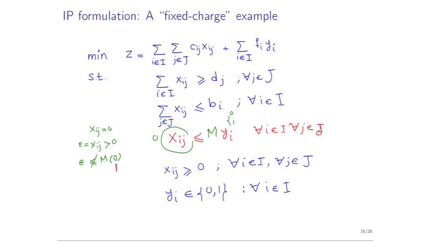Because the only way to satisfy this constraint is that you have 1 in here, so the product becomes a big number and epsilon is less than or equal to that big number. So this condition enforces that if I have a non-zero value for xij, then the corresponding value of the y variable must be 1, and this is exactly what I wanted.